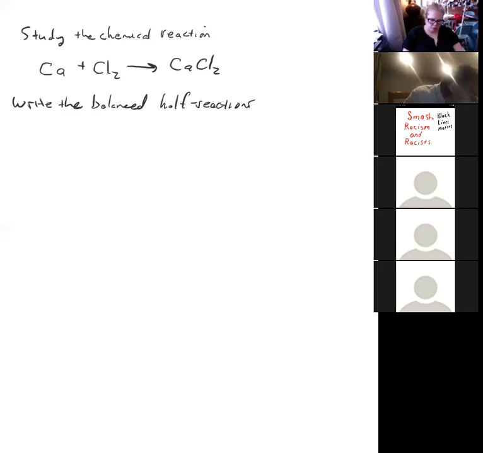And then they have you do oxidation and then reduction. Okay. So here's a little tip. When you do a chemical reaction, a redox reaction, the metal is always oxidation and the non-metal is always reduction.